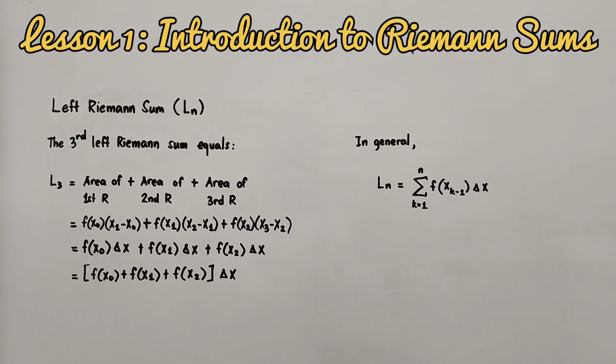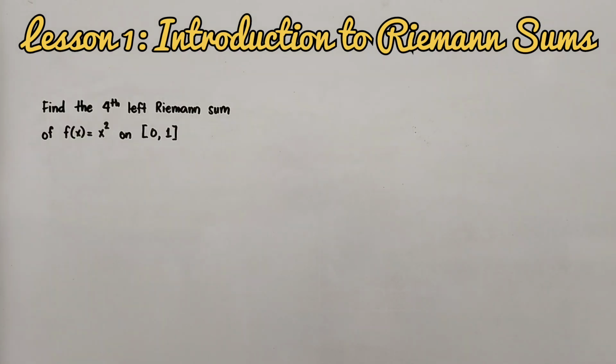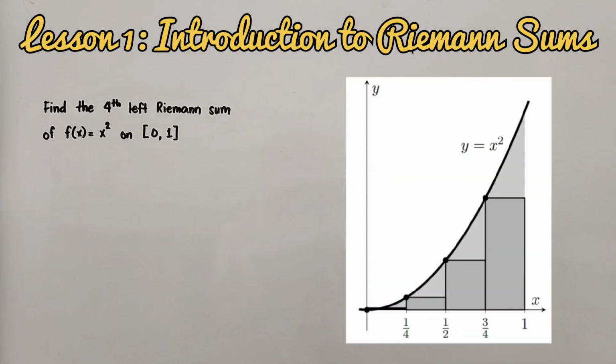For left Riemann sum, the general formula is L sub n equals the summation of f of x sub k minus 1 times the step size, where k is from 1 to n. For example, find the fourth left Riemann sum of f of x equals x squared on the closed interval 0, 1. This is the graph and the subdivisions of four rectangles.